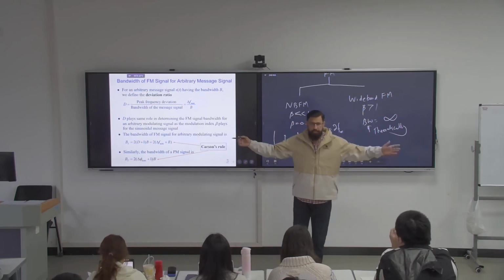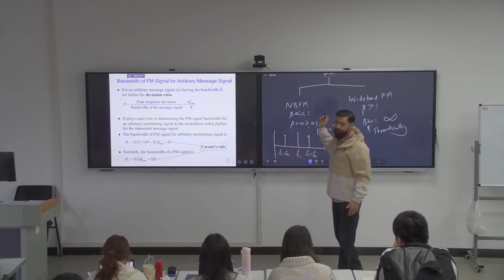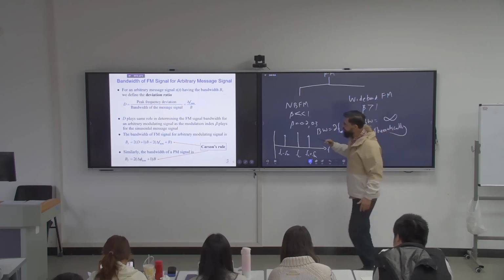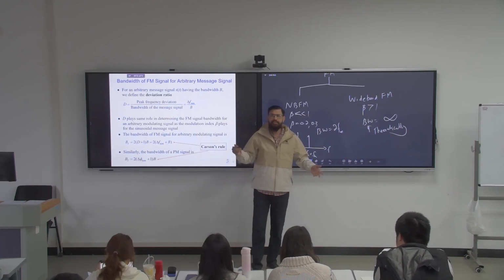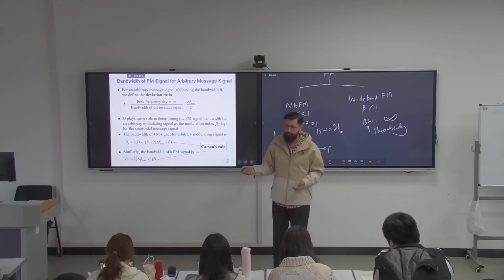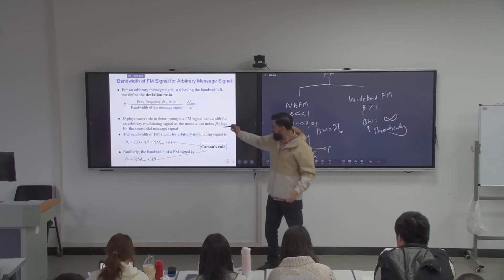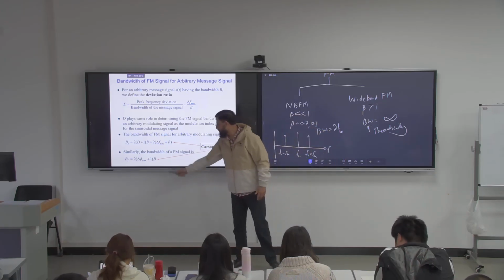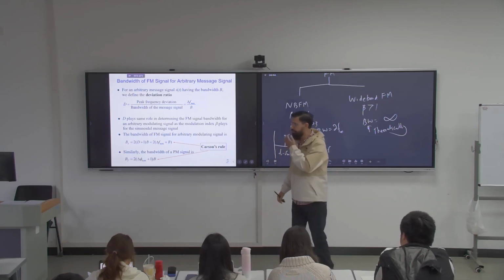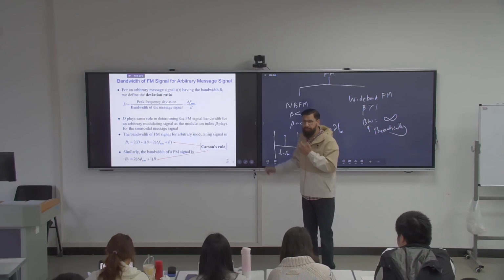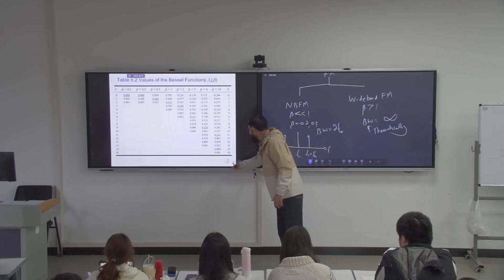Instead of infinity, we use the Carson rule to find the bandwidth of this wideband signal. It is 2 times (delta f max plus f_m), where delta f is the maximum frequency deviation, and this is for FM. Similarly for PM, it is 2 times the maximum phase deviation term. That's how we can find the bandwidth; otherwise, it's infinity. Now let's try to figure out and draw that.